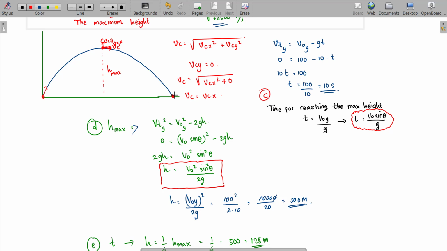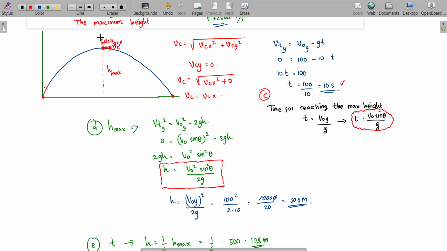This is very simple. You already know the time for reaching the maximum height is 10 seconds, right? So on the other half, you have another 10 seconds. So the result is 20 seconds, correct?